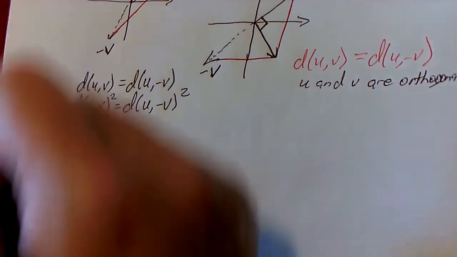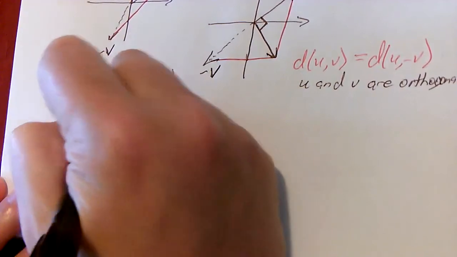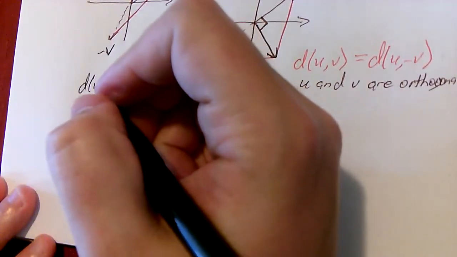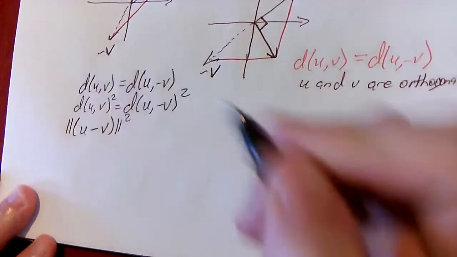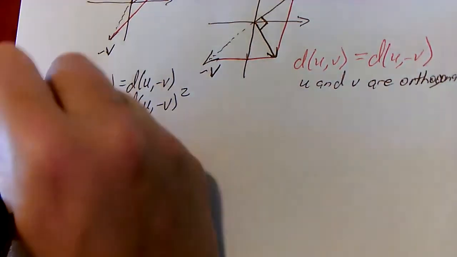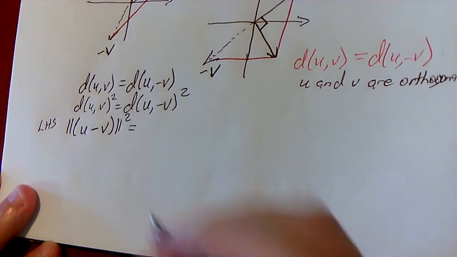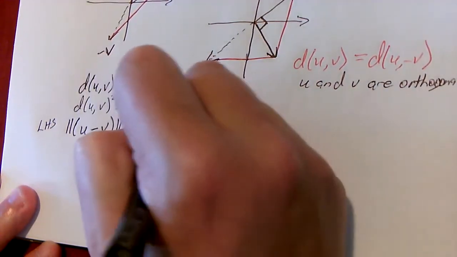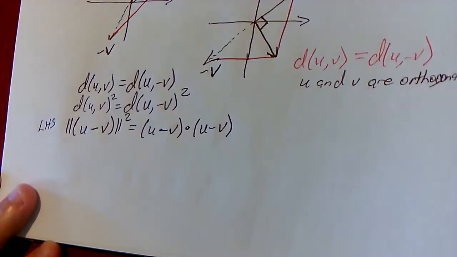So I'm going to have u minus v norm squared. I'm just doing the left-hand side here first. So I take that norm and it's squared. So really all I'm doing is u minus v dot u minus v.